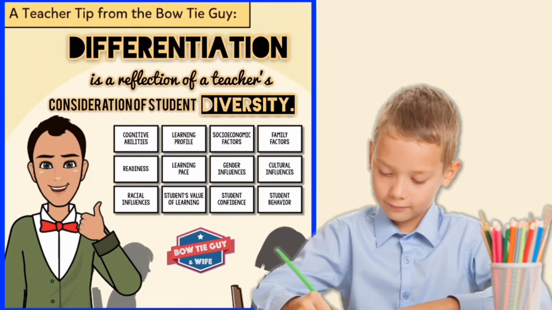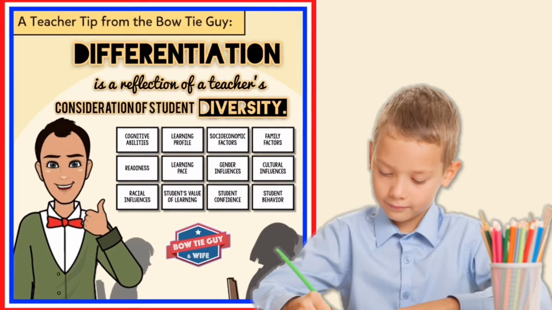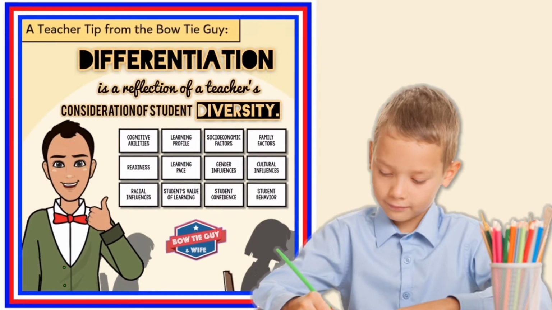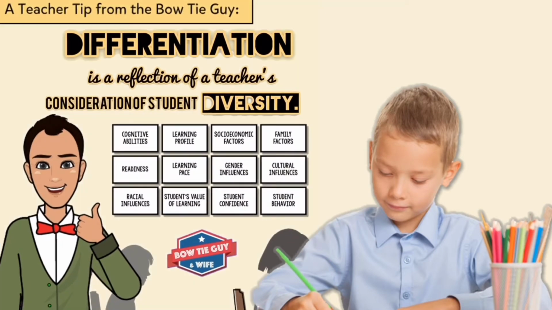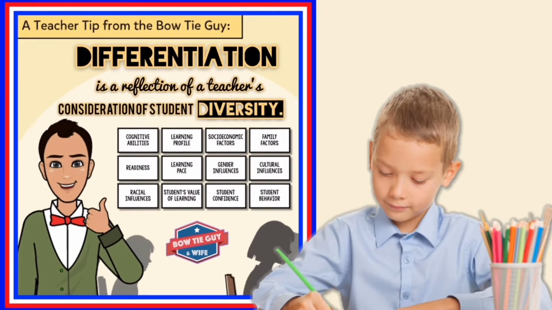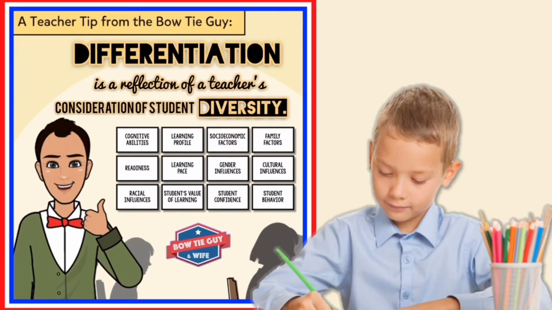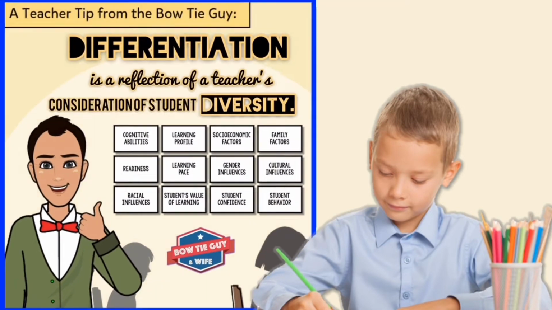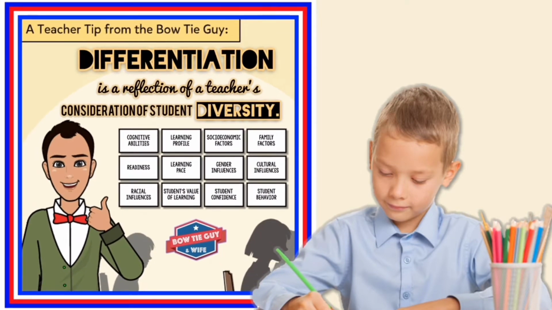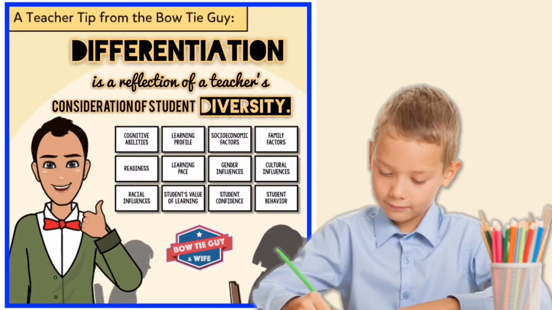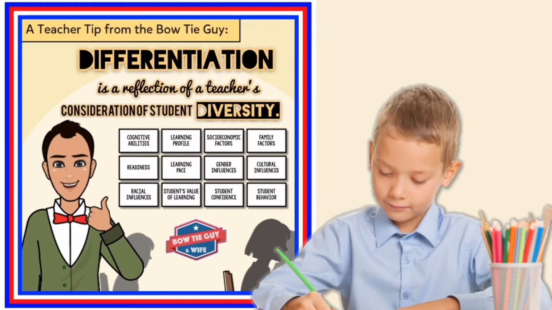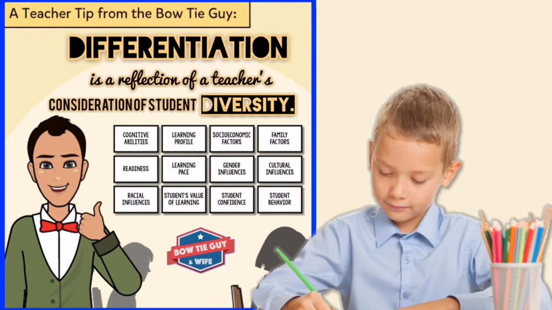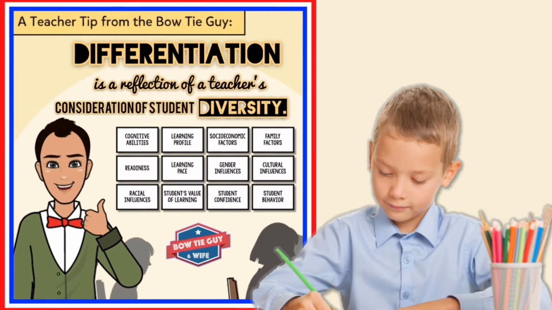Now, a student's diversity can be based on cognitive abilities, their learning profile, socioeconomic factors, family factors, their readiness, how ready are they to approach the material, their learning pace, gender influences, cultural influences, racial influences, the student's value of learning, student confidence levels, and the student's behavior.